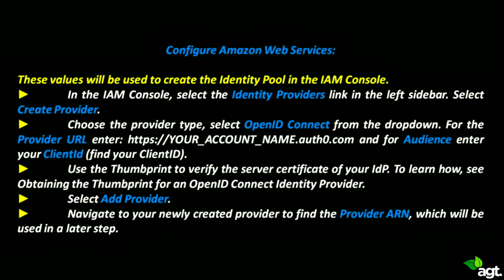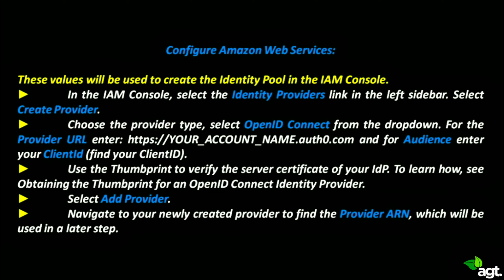In the IAM console, select the Identity Providers link in the left sidebar and select Create Provider, and choose the provider type and select OpenID Connect from the drop-down. For the provider URL, enter https:// and your account name .auth0.com, and for audience enter your client ID, and find your client ID from the specified dashboard, and use the thumbprint to verify the server certificate of your IDP.